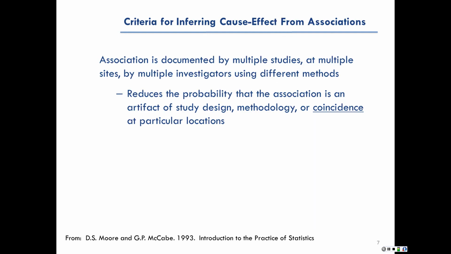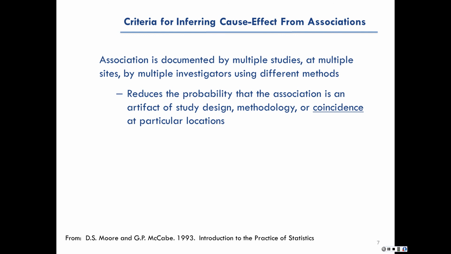One of the most important things I can emphasize, that you've probably heard before, is that correlation does not mean causation. Just because you see an association in the data does not mean that there's a cause-effect relationship. We've discussed this earlier in the course, but there are some basic criteria for inferring cause-effect relationships from associations.